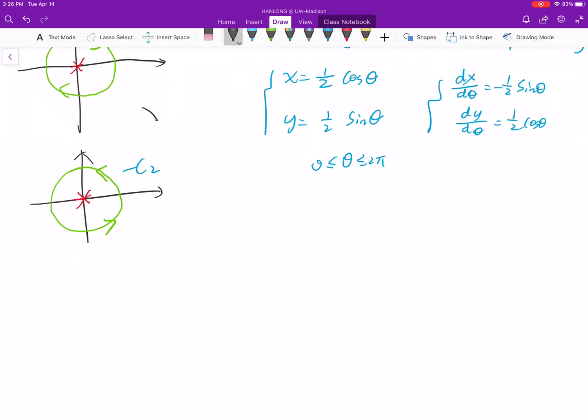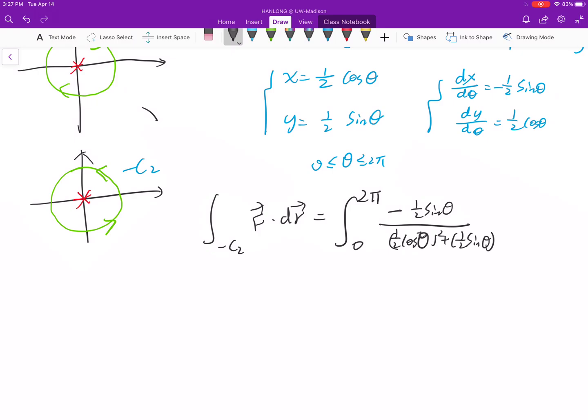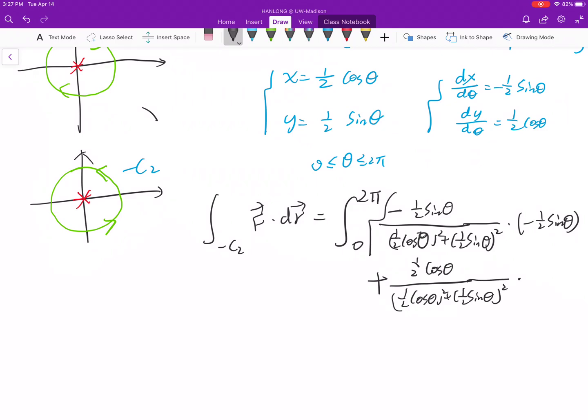Okay, now let's consider the integral over negative C2 of f dr. So the integration with respect to theta will be from 0 to 2 pi, and f is, recall, negative y over x squared plus y squared times dx d theta, so negative 1/2 sine theta, plus x, so 1/2 cosine theta, divided by x squared plus y squared, times what is the next part, dy d theta is 1/2 cosine theta d theta.